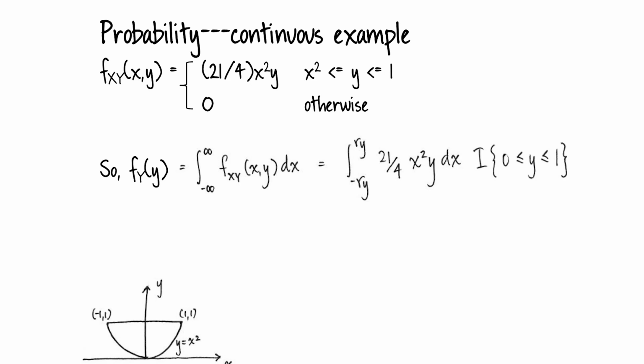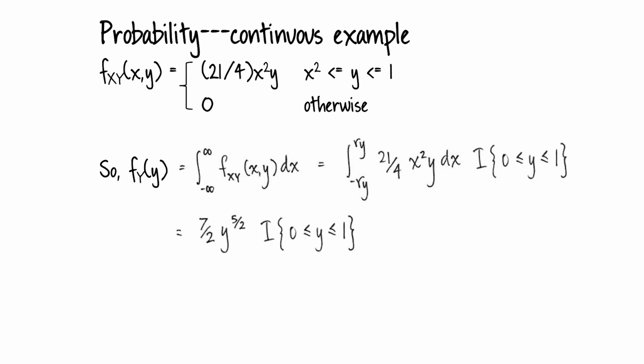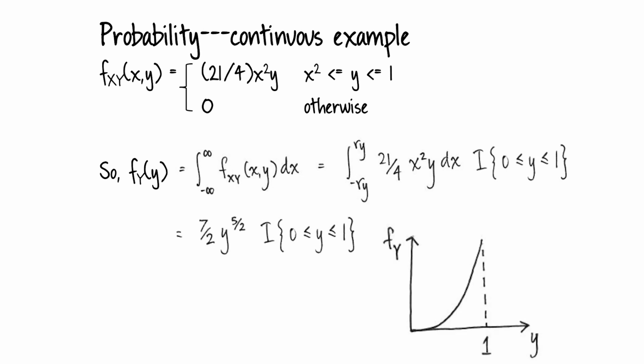Again, just to be careful, I want to put the indicator function there, although a lot of times you might see it not used. We perform that integration, and we get that it's equal to 7/2 y to the 5/2. And what does this look like graphically? There we go.